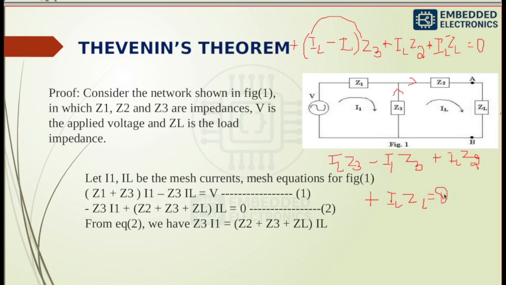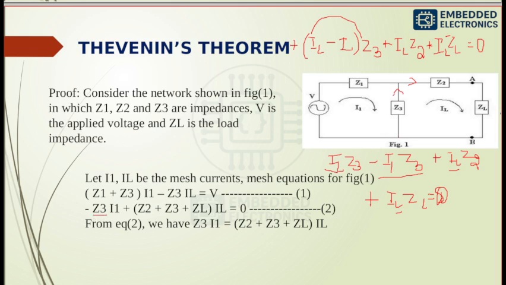One thing you need to observe here is that IL is common, here and here and here. So take IL common, and it becomes minus I1 Z3 plus (Z3 plus Z2 plus ZL) IL equals 0. So this is the second equation.